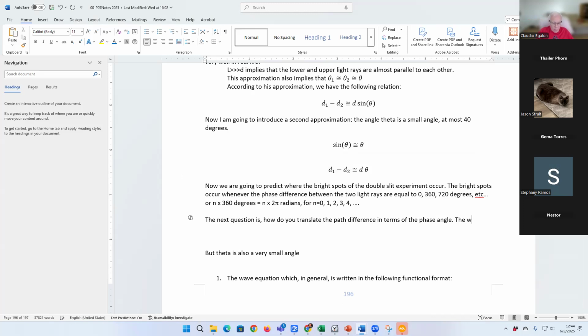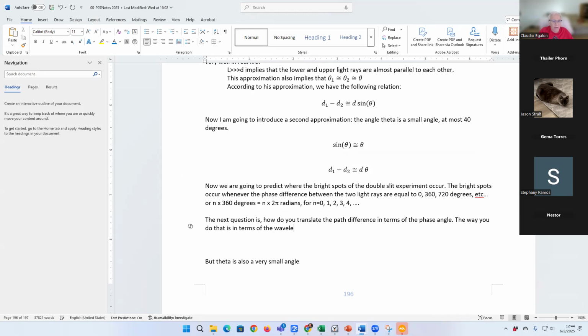The way you do that is in terms of the wavelengths of the light.